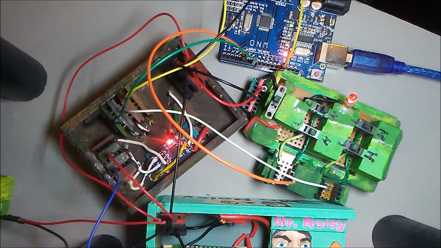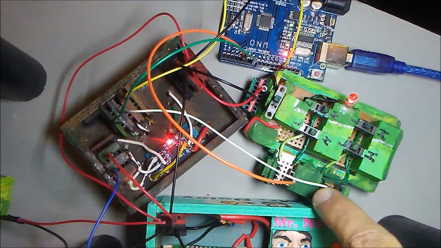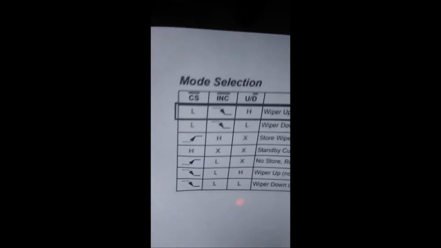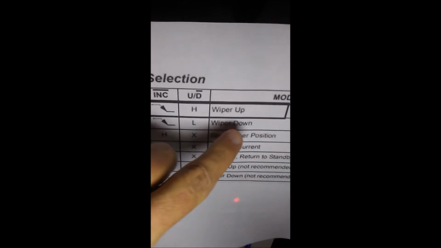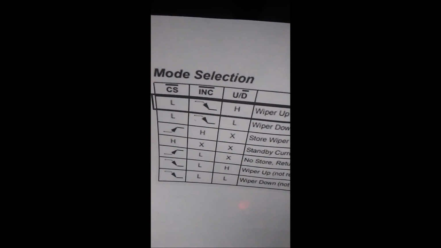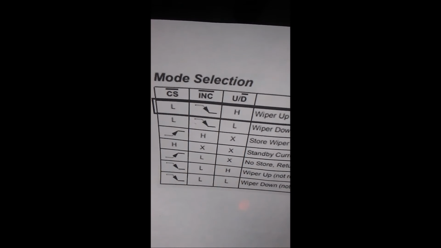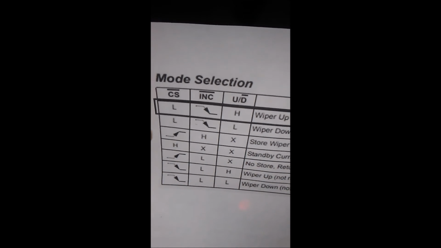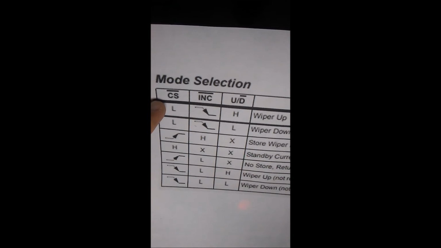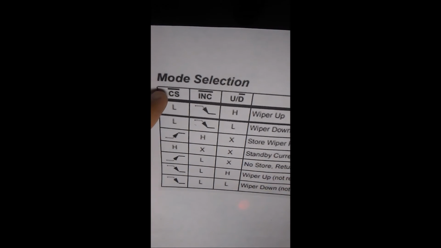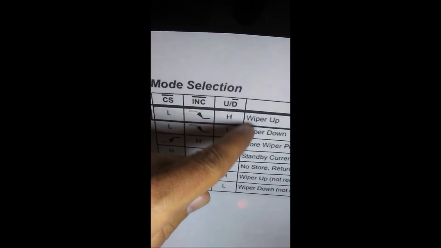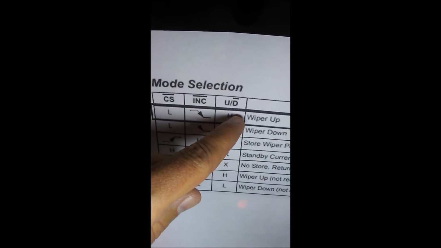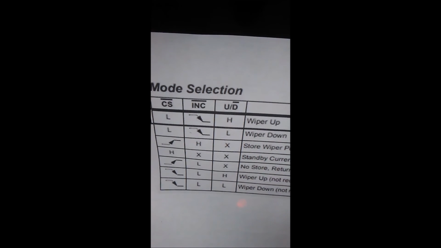Now, what I can also do is this is the CS pin. And initially, I just thought the CS pin was used for storing that resistance value in the non-volatile memory. But actually, it's used for more than that. Because if you set the CS pin high while the wiper is sweeping up and down, you can actually pause on a resistance value.